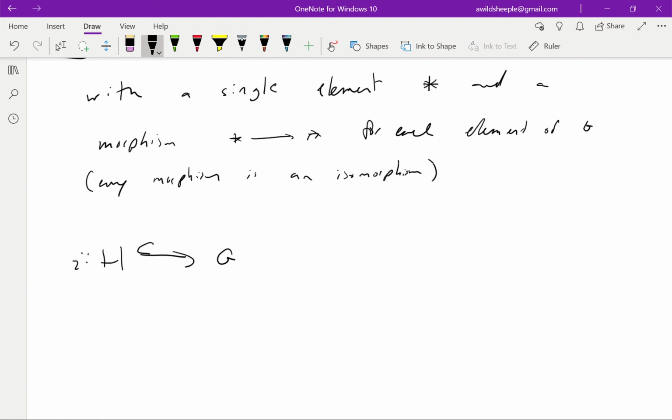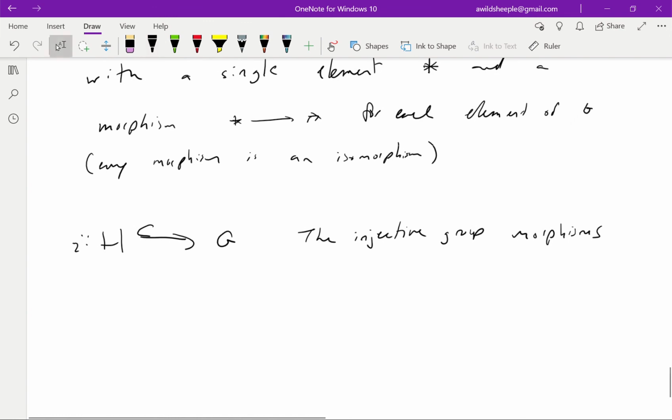So the injective group homs are the monomorphisms among groups.